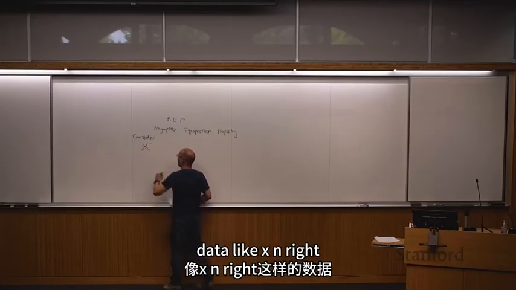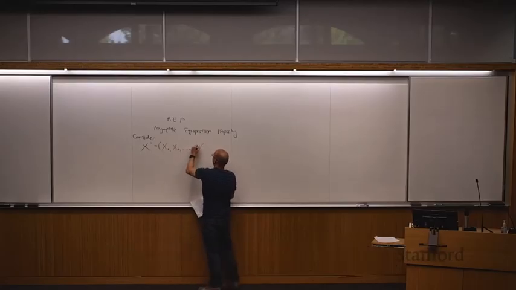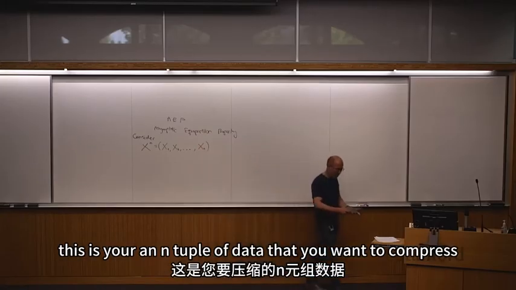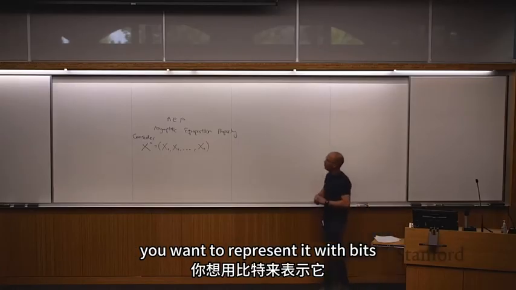data, like x^n, right? We use this notation for the n-tuple, x1, x2, up to xn. So this is an n-tuple of data that you want to compress, you want to represent it with bits.